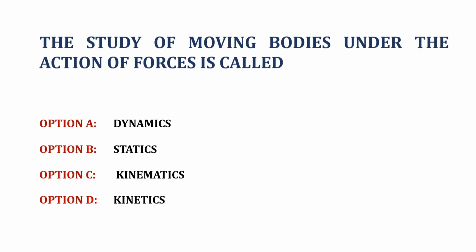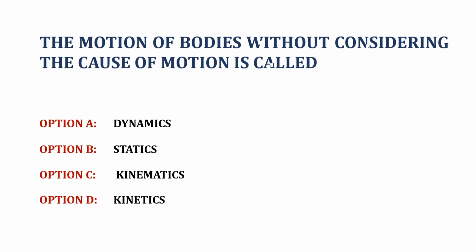The study of moving bodies under the action of forces is called? Option A, dynamics. The motion of bodies without considering the cause of motion is called? Option C, kinematics.